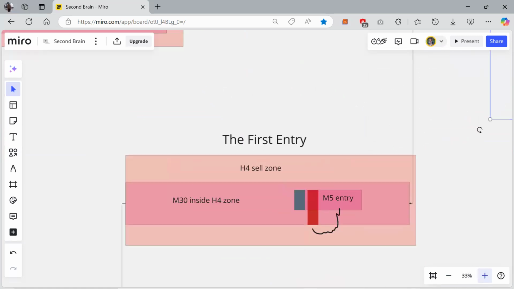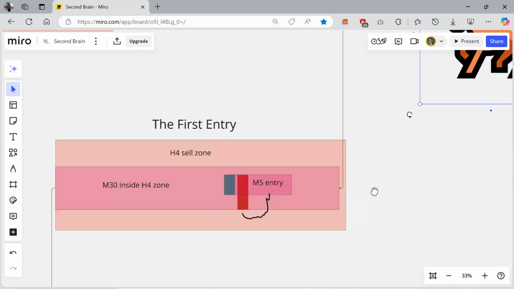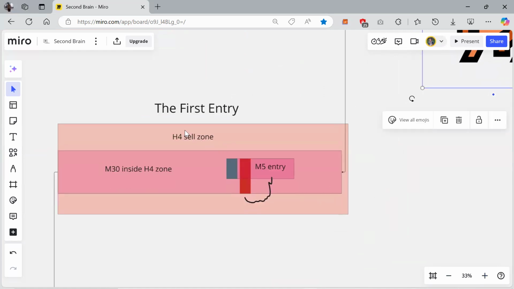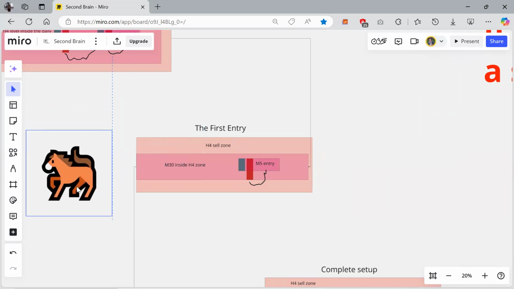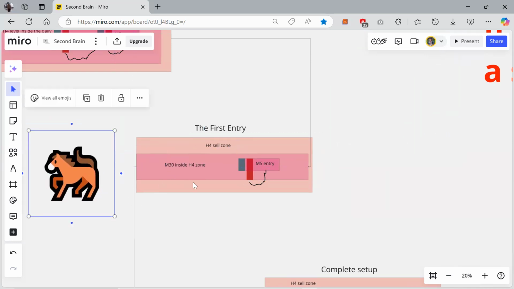Okay, so the next setup is we have an H4 sell zone. Okay, inside the H4 sell zone, let's see if I have written it well. Yeah, we have the H4 sell zone.